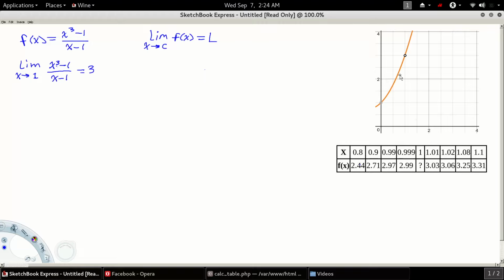So that's why there's this hole, and that's actual calculus terminology, a hole in the function at x equal to 1. There's this hole there.